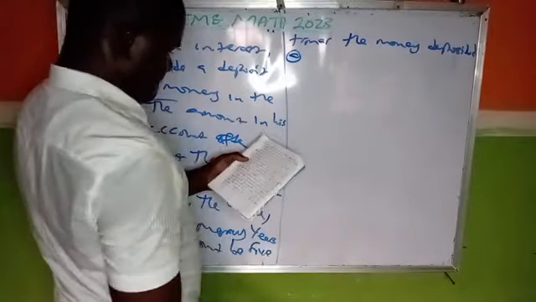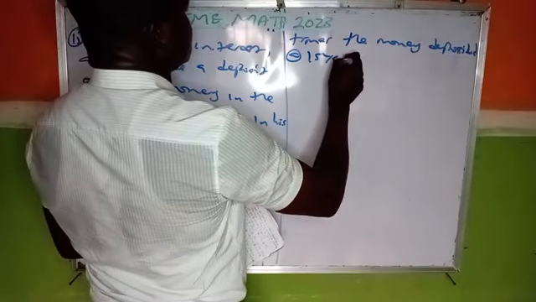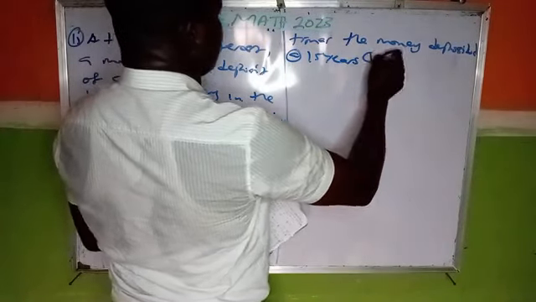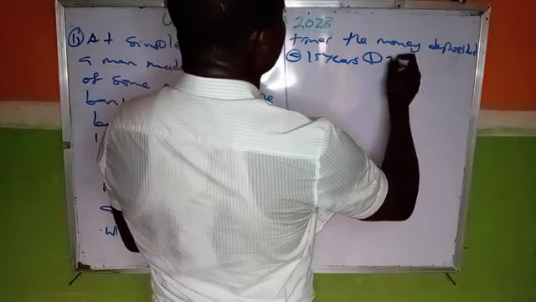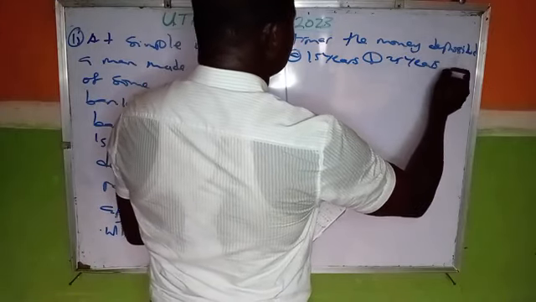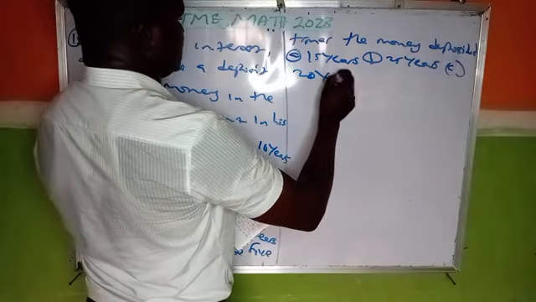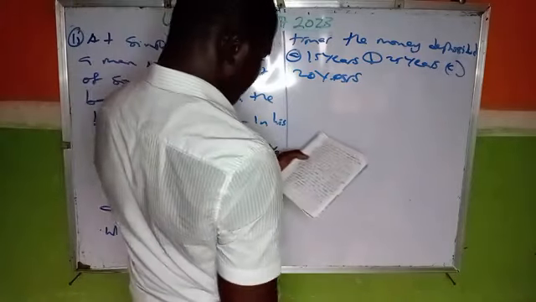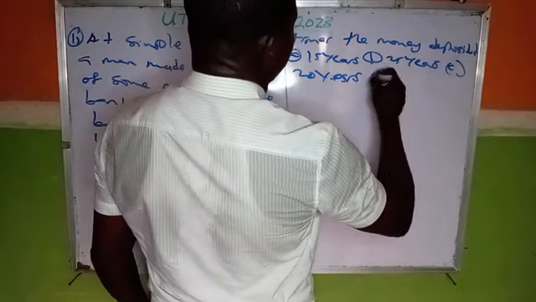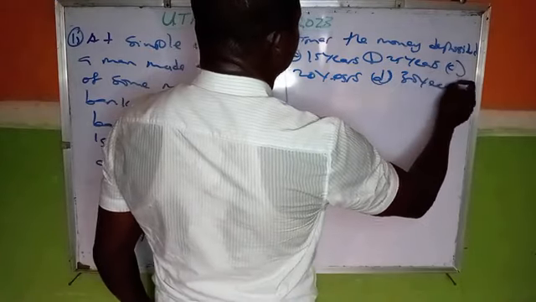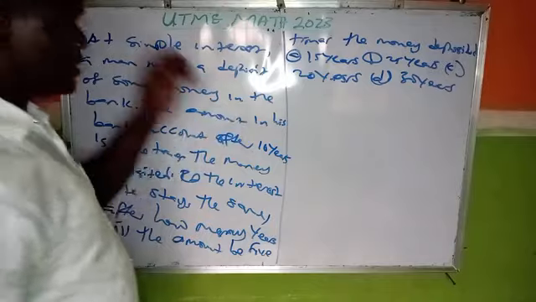A, 15 years. B, 25 years. C, 20 years. D, 30 years.